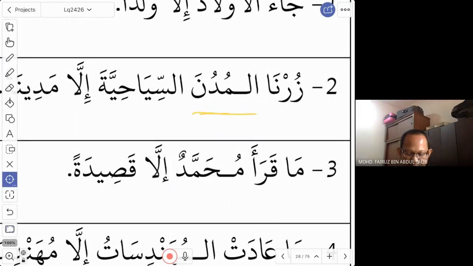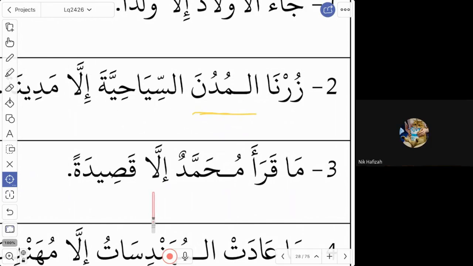The third sentence. Now you see this word ma: ma qara'a Muhammadun illa qasidatan. What did Muhammad not do? Muhammad did not read, except one poem.